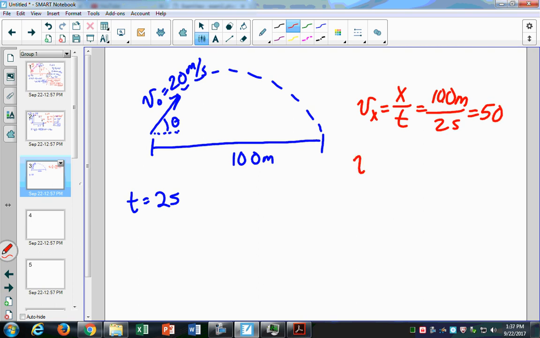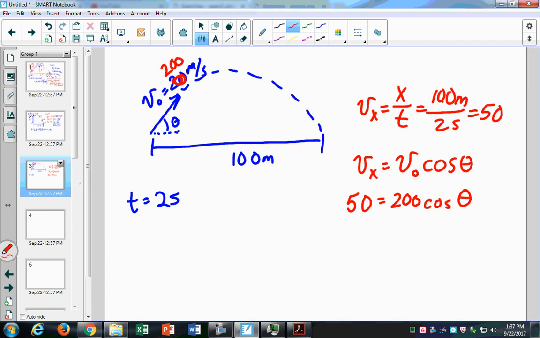And I know that Vx is also equal to V naught cosine theta. And so I would say 50 is equal to 200, V naught is 200, times the cosine of theta. And then I would have to solve that for theta.